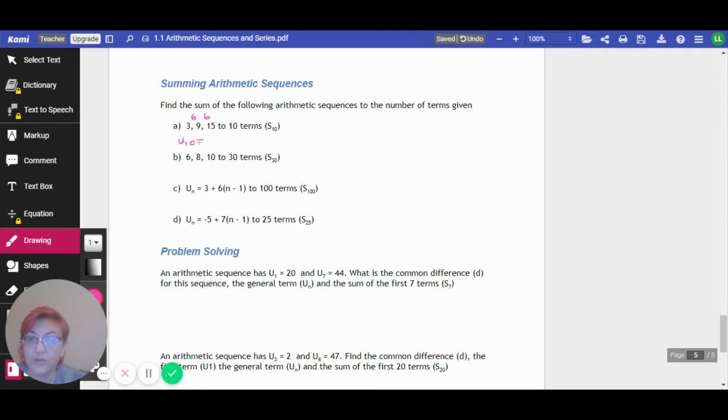That's going to equal my first term plus 10 minus 1 times my common difference, which is 6. All right. 3 plus 10 minus 1 times 6 is 57.